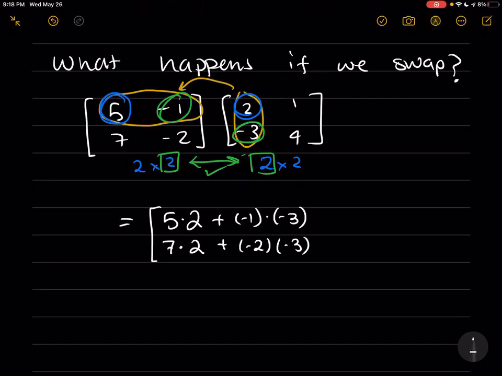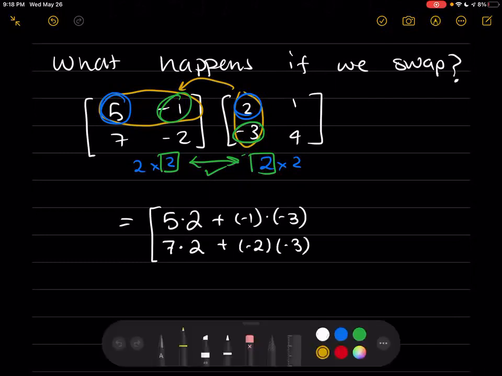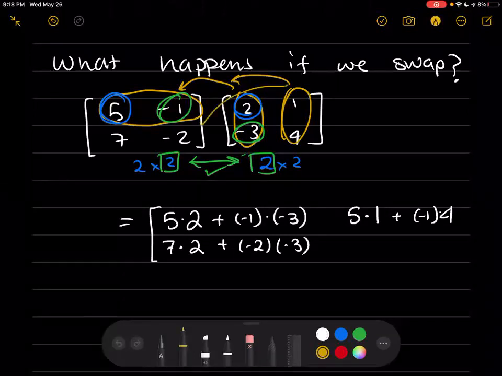Then we do the same thing with this column, multiplying it by that first row: 5 times 1, 1 came from the column, plus -1 from that row in the first matrix times 4 from the column in the second matrix. And then for the next entry, we do this to the bottom row, so we get 7 from that row times 1 from the column, plus -2 from the row times 4 from the column.